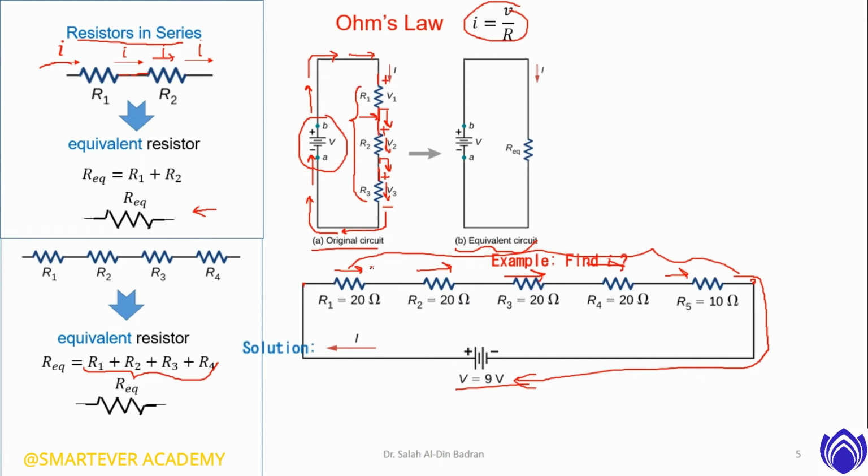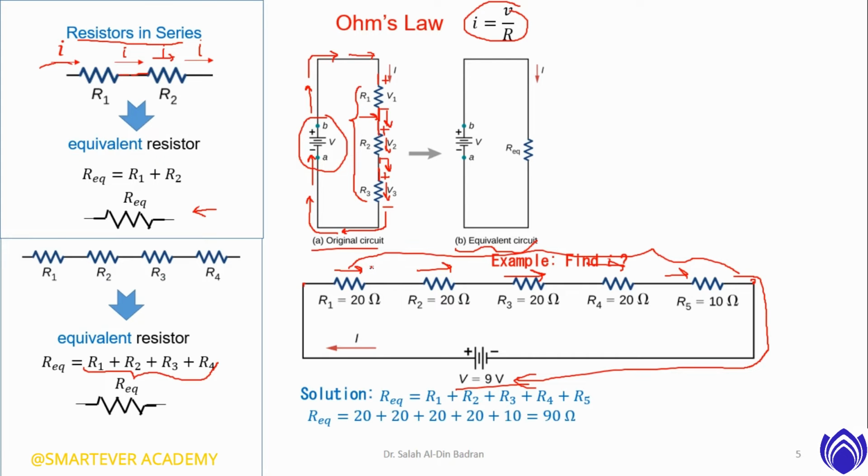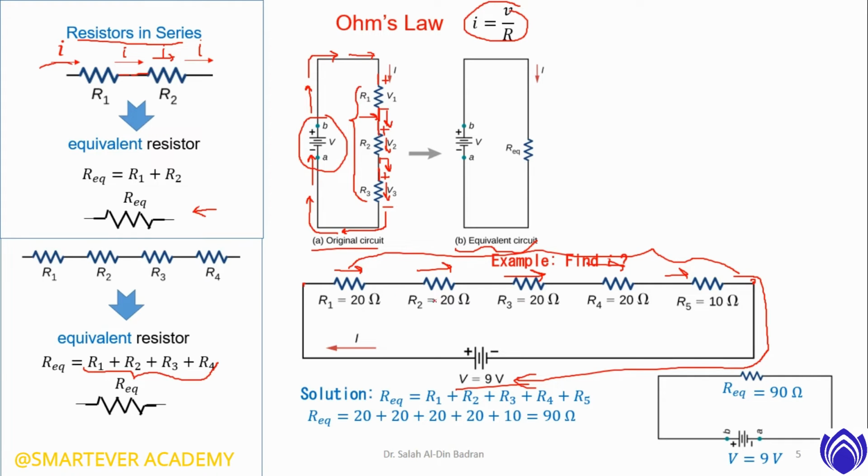So the equivalent resistance is 90 ohm. And this is the equivalent schematic of this circuit. See, this is the equivalent resistor. 20 plus 20, 40, 60, 80, 90 ohm. This is the equivalent circuit.